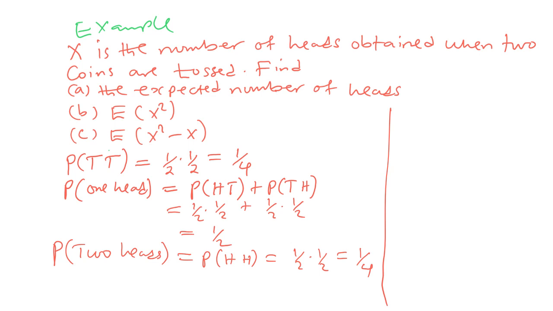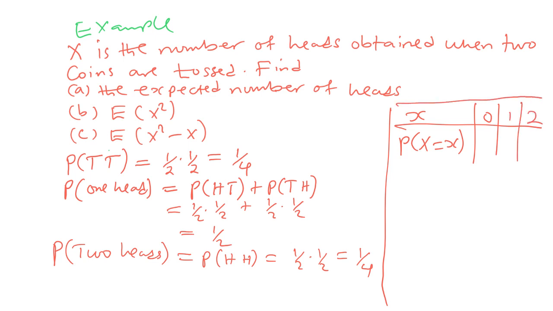So if we are to draw a possibility space, we have x, the number of heads, and the probability of capital X. We have either no head, or one head, or two maximum. So this is what we end up with: 0 has 1 over 4, 1 has a half, and 2 has 1 over 4.